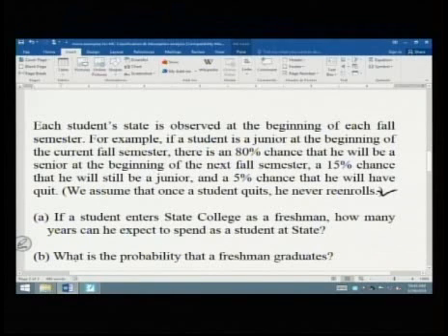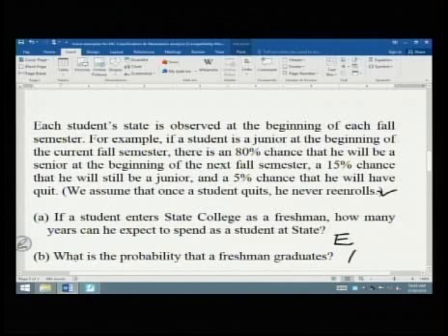Okay, the questions. The first question is, if a student enters State College as a freshman, how many years can he expect to spend as a student at State College? In order to answer this question, we do need the E matrix. How about the next question? What is the probability that a freshman graduates?